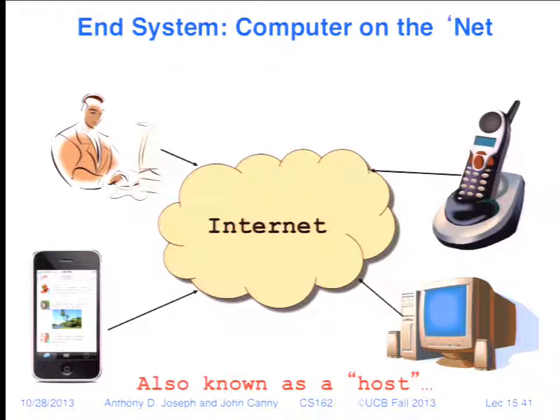Okay. So in internet communication, you have a variety of different clients and services. We have PCs, now mobile phones, smartphones, and then larger computers normally that are providing services, typically known as hosts.